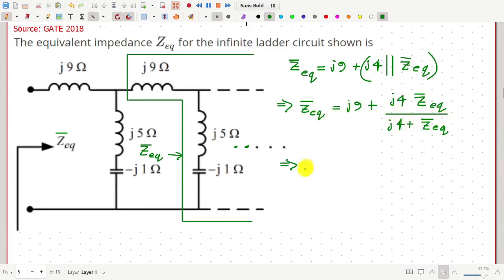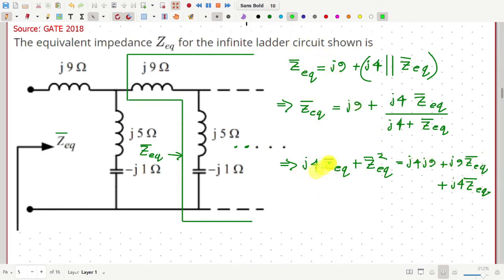So we will have j4 Z equivalent plus Z equivalent squared equal to j4 times j9 plus j9 Z equivalent plus j4 Z equivalent.